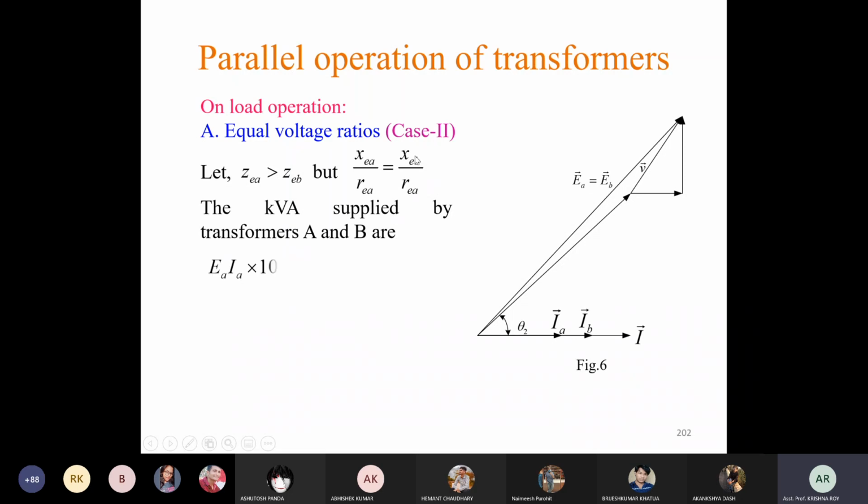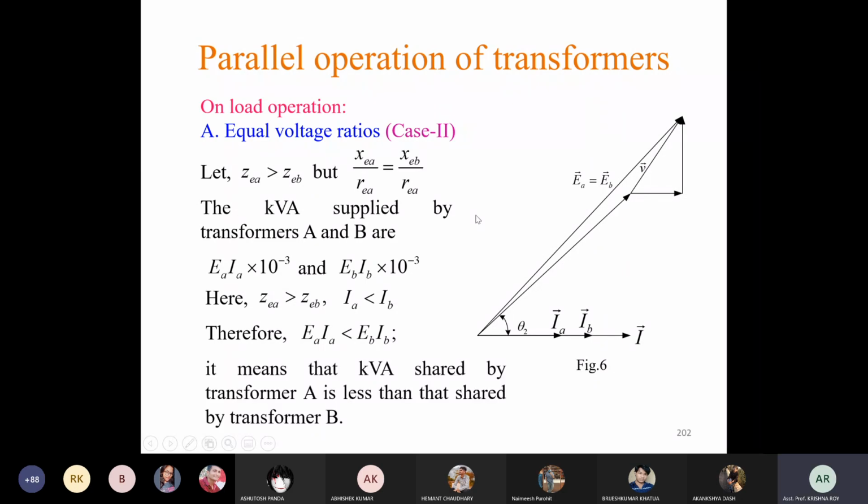So the kVA supplied by transformer A is EA IA into 10 to the power minus 3, and similarly for transformer B. Since ZEA is greater than ZEB, IA is less than IB. So EA IA, that means the volt ampere of transformer A, is less than the volt ampere of transformer B. That means the load shared by transformer A is less than the load shared by transformer B.